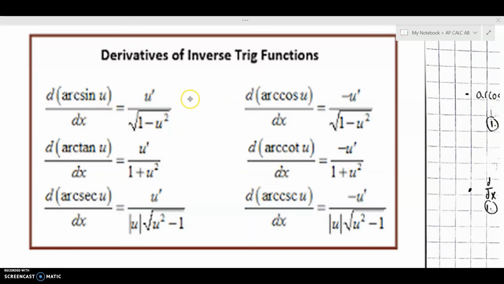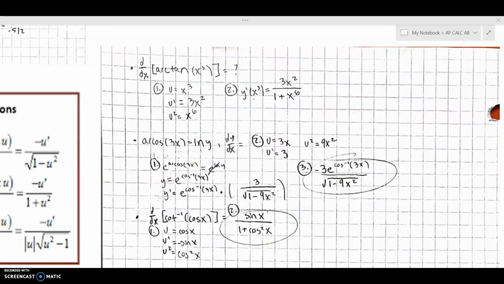You don't have to prove this in any way. They do prove it on AP Classroom, but you don't. On the AP test, you're probably going to see sine and cosine the most, even some tangent, but secant, cosecant, and cotangent rarely show up on the AP test. All right, so these are pretty simple. Let's jump right into a problem.